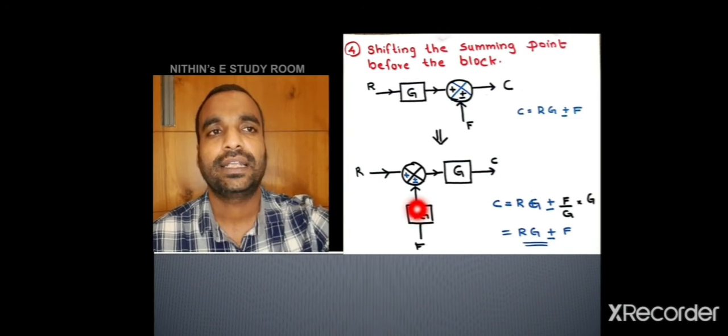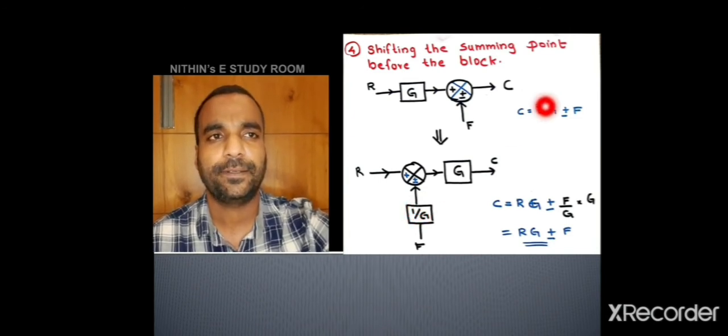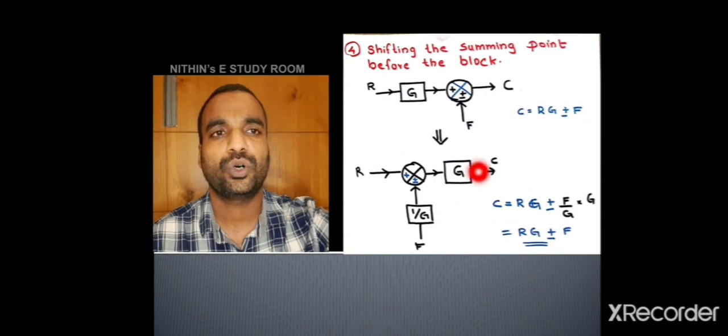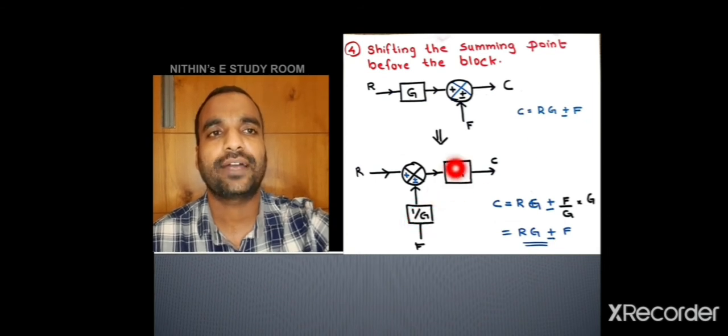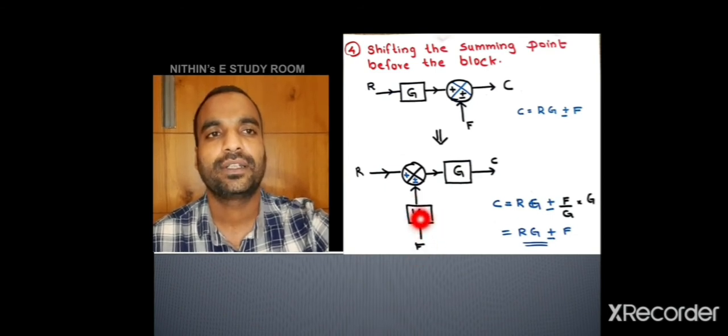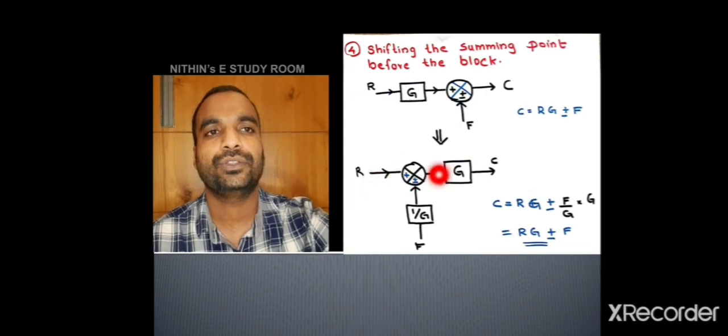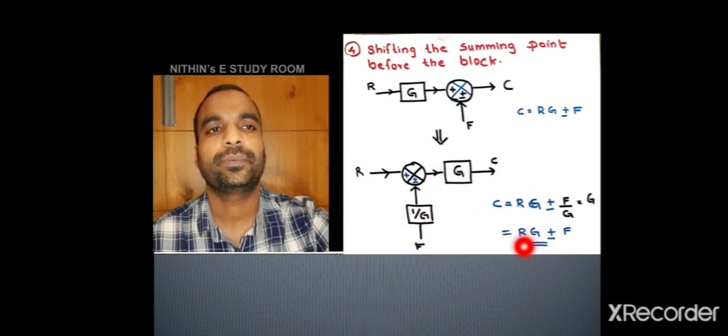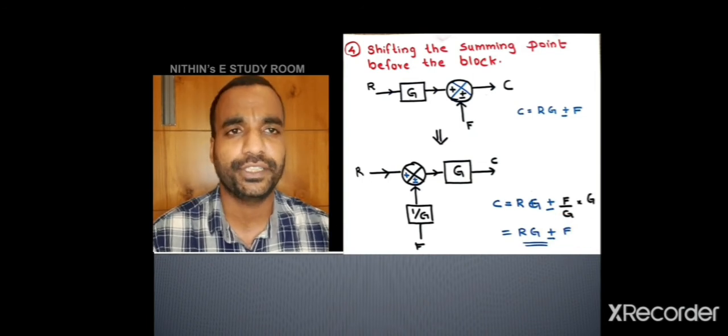But actual desired output is RG plus F. So you have to avoid the effect of G from F. So you have to place a 1 by G block here. Now you can see what is the output. R into G plus F into 1 by G into G. So the final answer will be RG plus F.